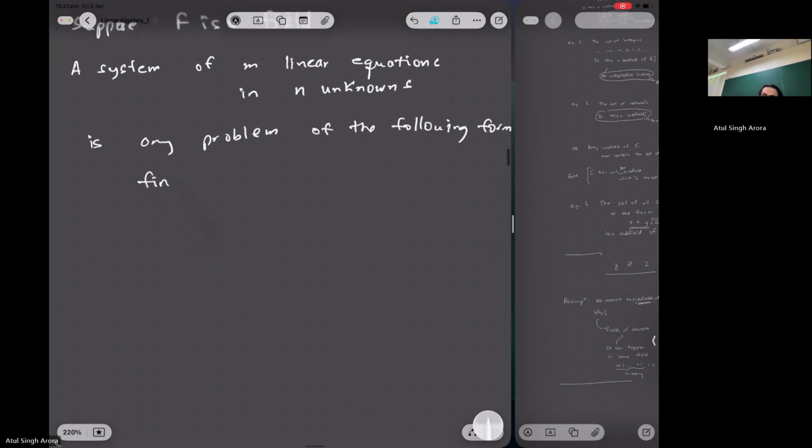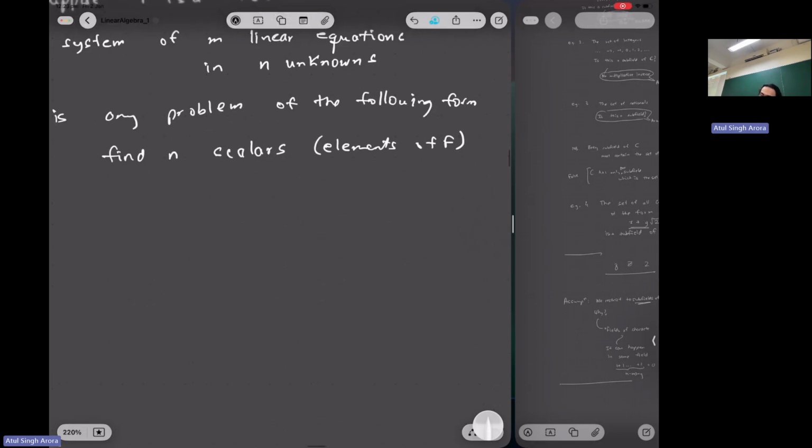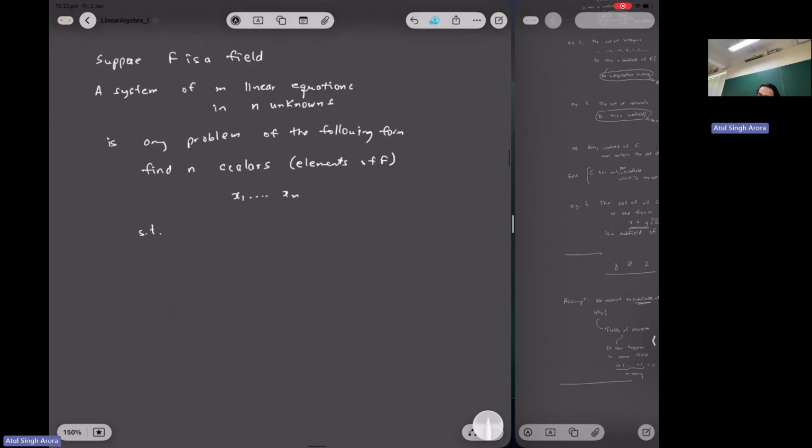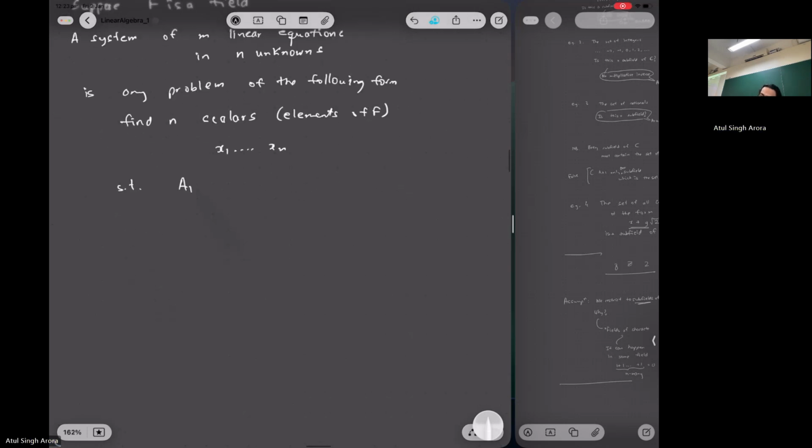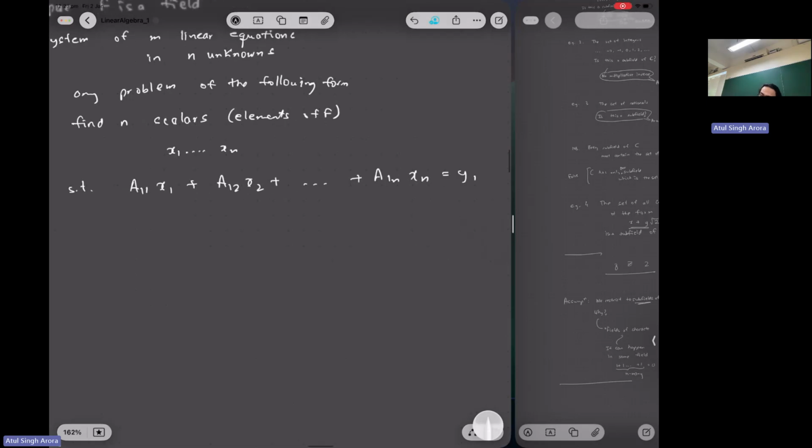Find n scalars, elements of F, x1 to xn, such that, it's just a pretty standard definition, a11 x1 plus a12 x2 plus ... plus a1n xn equals y1.